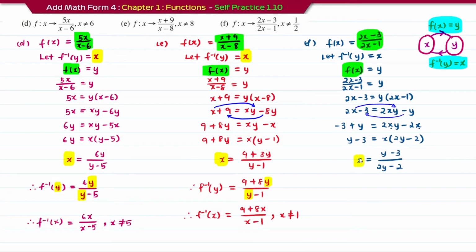So remember, the x here is the inverse f of y. So therefore, it will be equal to y minus 3 over 2y minus 2. Now, to write the inverse f of x, we're going to replace the y here with x.